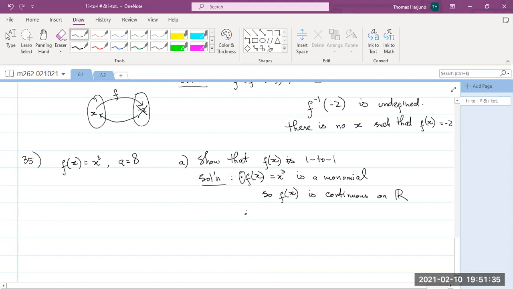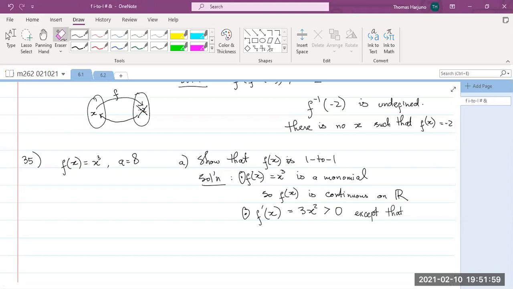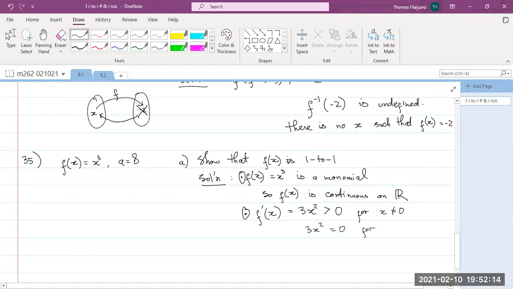Second, I do the derivative. The derivative of x cubed is 3x squared. X squared is 0 or positive, right? I prefer to say it this way: it's greater than 0 for x not equal to 0, and equal to 0 for only one point, x equals 0.